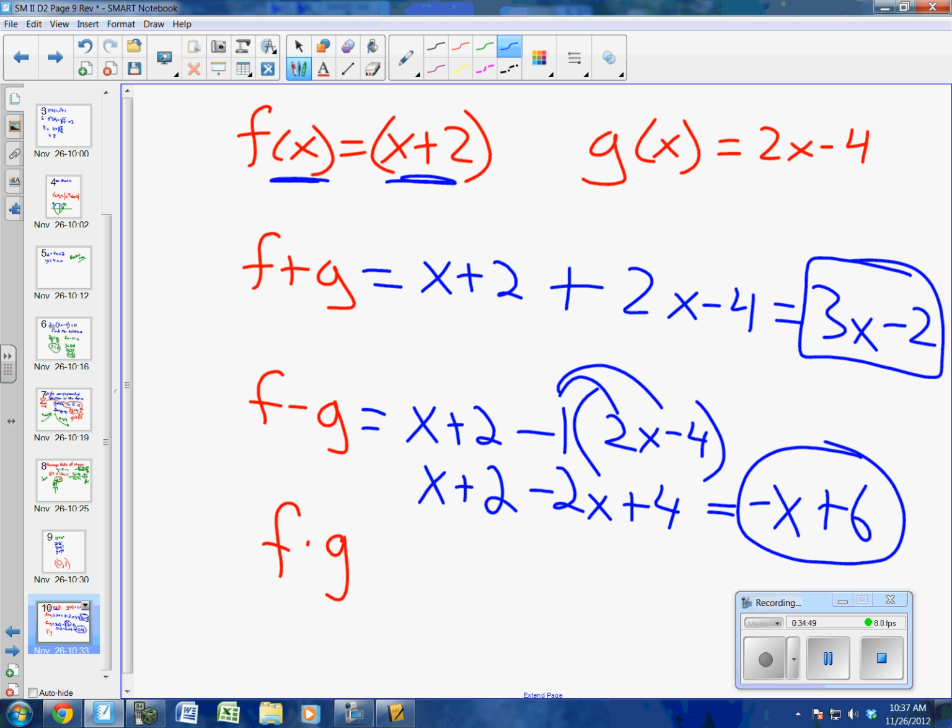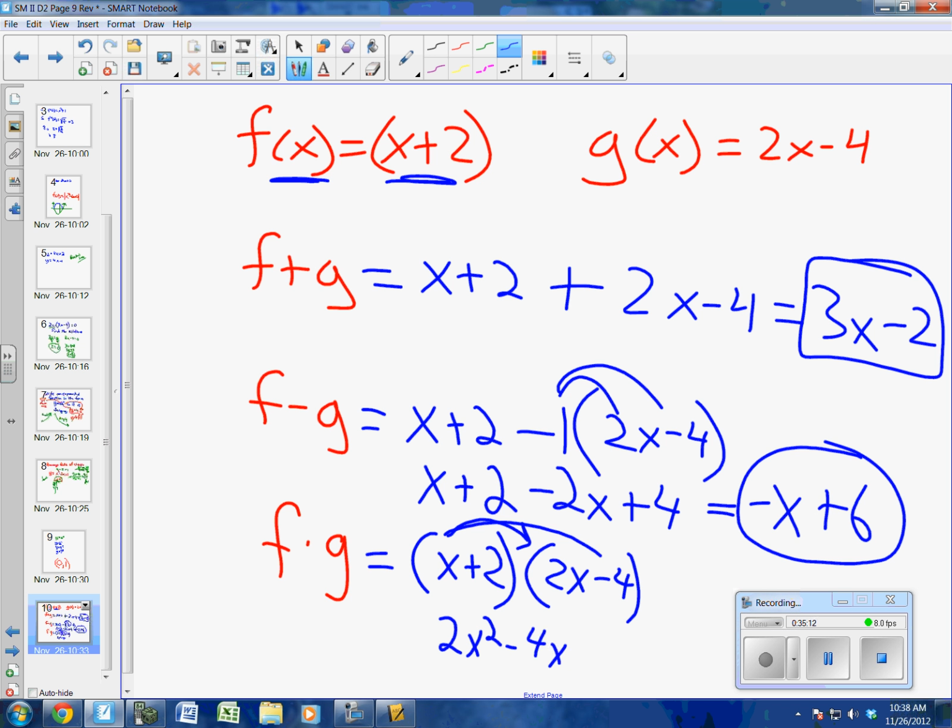Okay, and the last thing, by the way, there's several problems like f times g, you guys. (x plus 2) times (2x minus 4). I have to distribute, don't I? x times 2x is 2x squared. x times negative 4 is negative 4x. 2 times 2x is 4x, and 2 times negative 4 is negative 8.